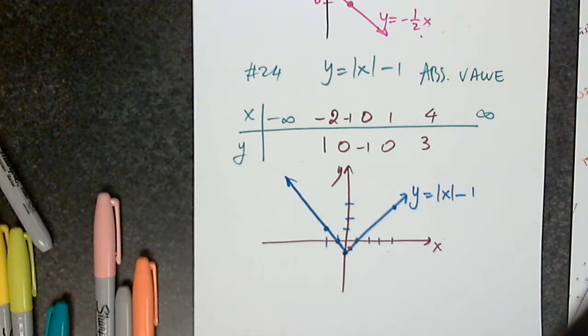Now, I would like to select a viewing window. You can select ZOOM 6, which is the standard, and then you get the graph. Or you can select another viewing window. Since we already graphed the function, I know where the action is.